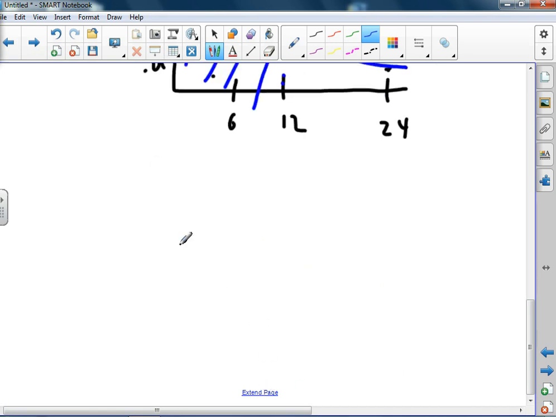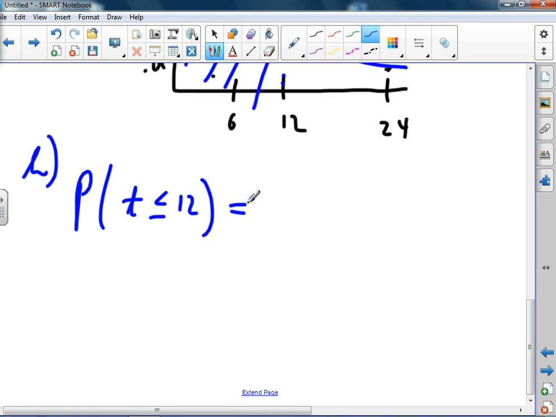So the probability that time is less than or equal to 12 is 1 minus e to the minus 12 over 12, 1 minus e to the minus 1, 0.63.